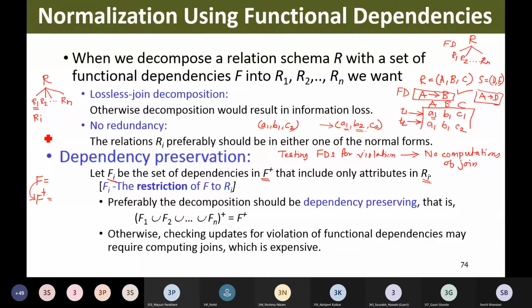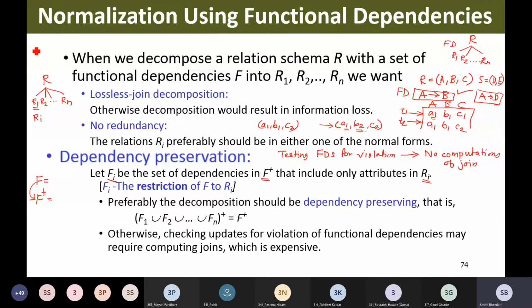We have the original set R, and we are decomposing this relation R into the set of relations R1, R2 up to Rn.